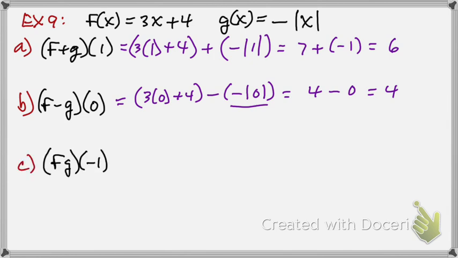Here's multiply. So I've got 3 times negative 1 plus 4 times negative the absolute value of negative 1.